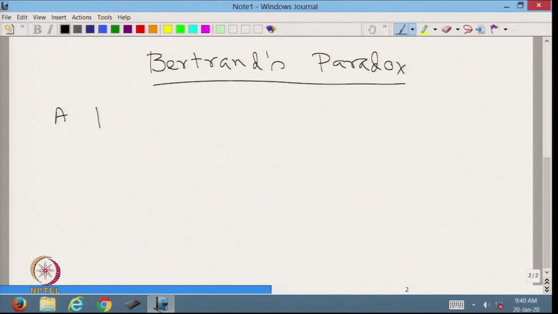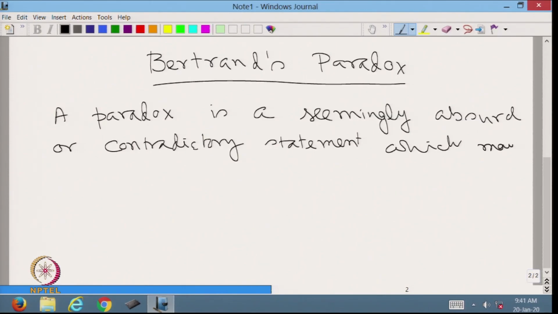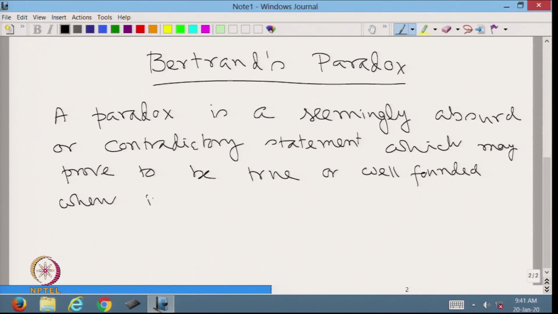A paradox is a seemingly absurd or contradictory statement which may prove to be true or well founded when investigated.